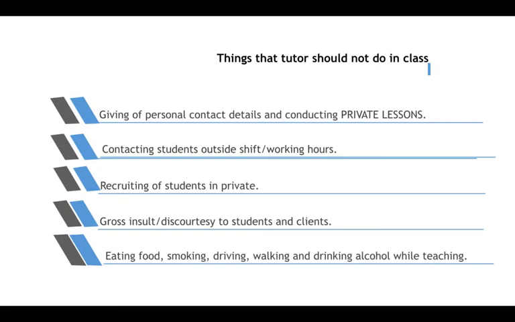Now, if the kid does, go ahead and tell them this is the only app I use to work. I am not allowed to use other apps to work. If you want to learn more, please book another hour. Please book another time. Also, don't contact the students outside your working hours, because you don't get paid for it by us.